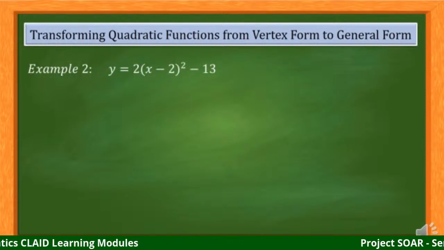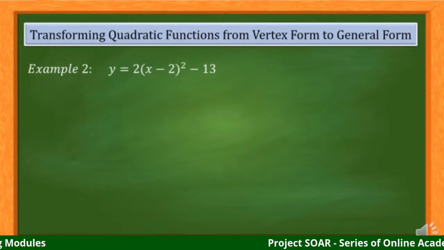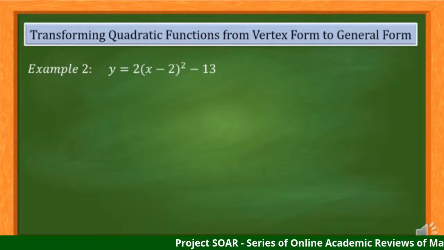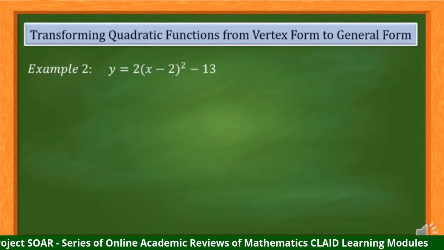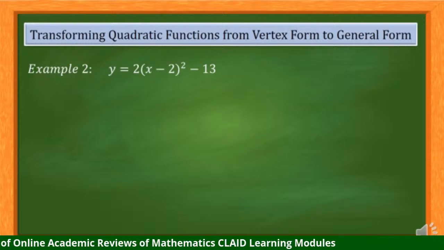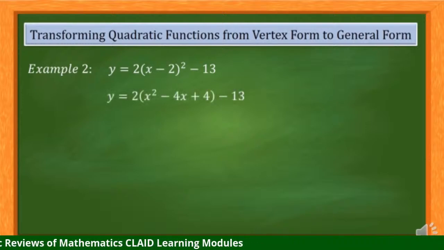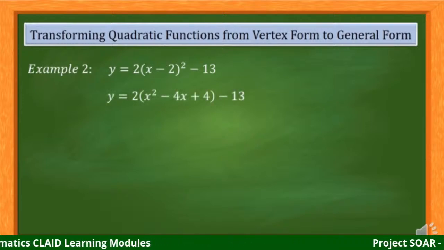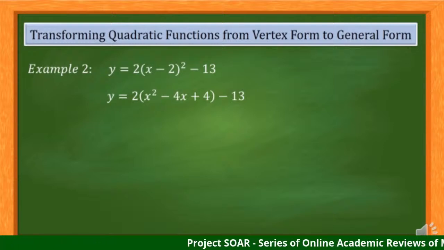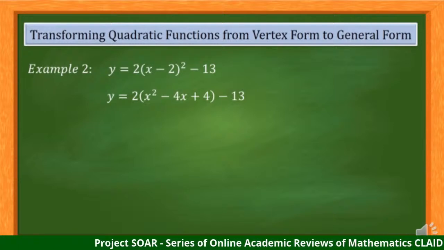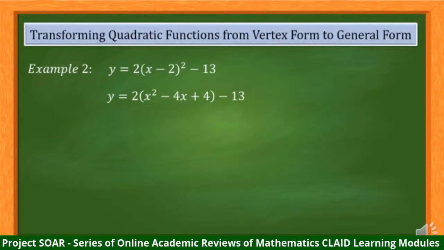Example number 2, we have y equals 2 times the quantity of x minus 2 squared minus 13. So ang una natin gagawin is to expand x minus 2 squared. So we have 2 times the quantity of x squared minus 4x plus 4 minus 13. Next is i-apply natin yung distributive property.